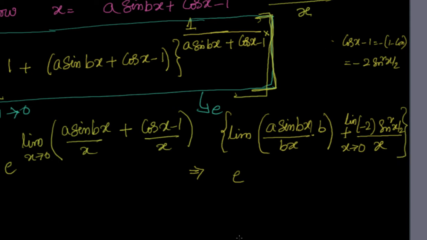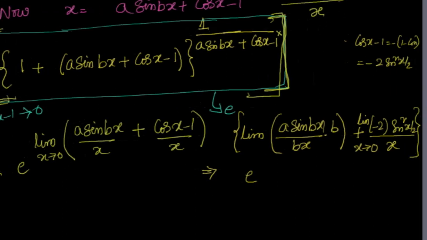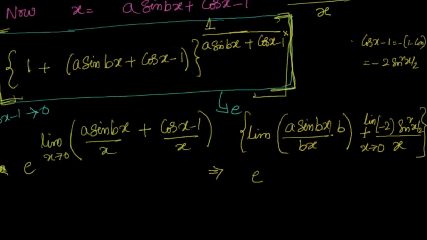If I go to the next step, let's go to the next step and see where we are. Now let me write down here in a different color. We'll close this now. E to the power of, now you can see here a sin bx by bx is 1.